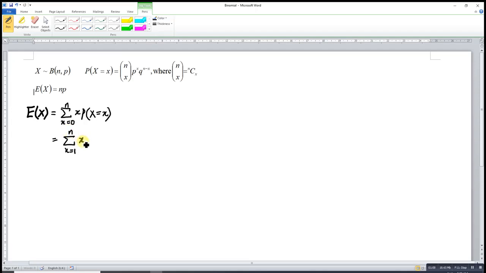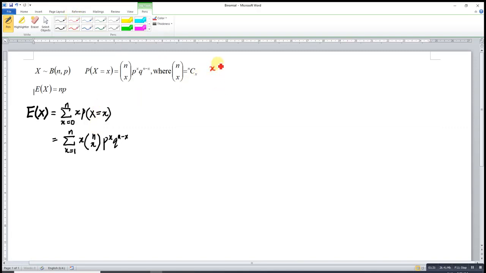So x times the density function we have n choose x, p to the power x, and q to the power n minus x. Okay, we do some simplification here.